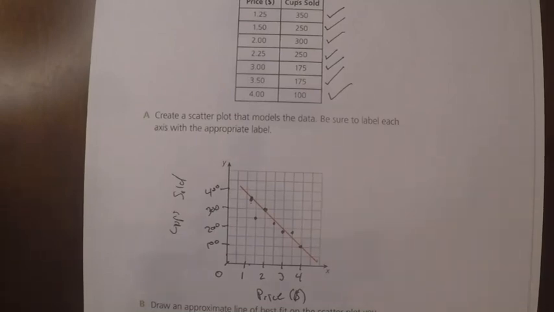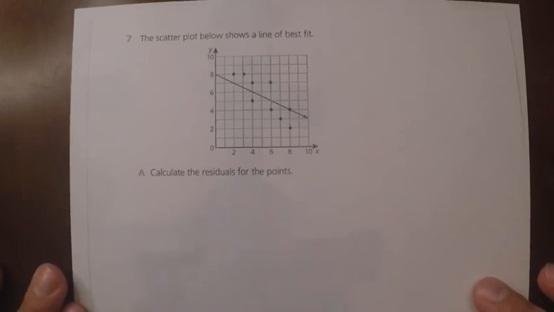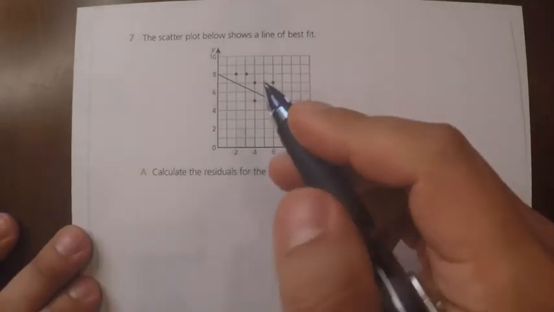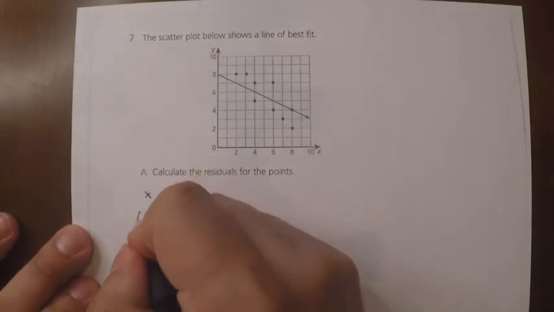Now the last question here, question 7, has to do with taking a look at residuals. If we want to calculate the residuals, what we need to do is first find the different points that we have here. So we want to create a little table. Here we're going to have our x's and then our actual y's.